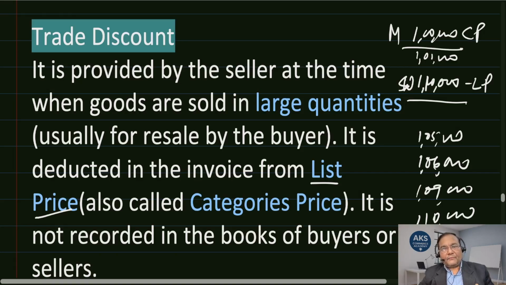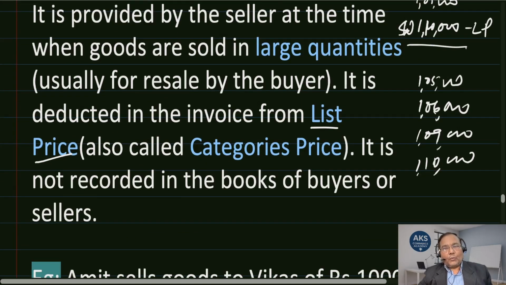So he can play with his margin, and that is what is called the trade discount. He may allow a discount of, let's say, 2% on 1,10,000. So 2% is 2,200 rupees of discount. He may allow 2% on 1,10,000 as a trade discount in order to promote sales, volume sales, large quantity sales. I hope this is clear.